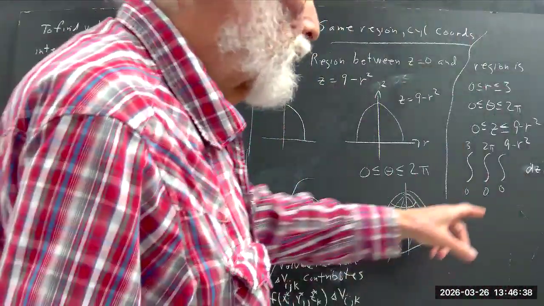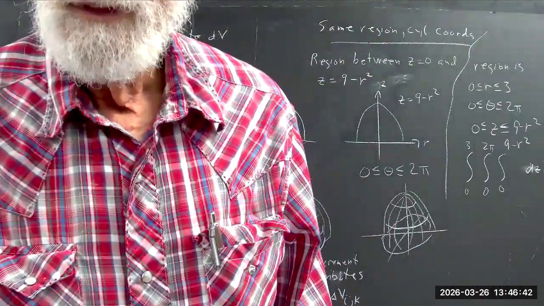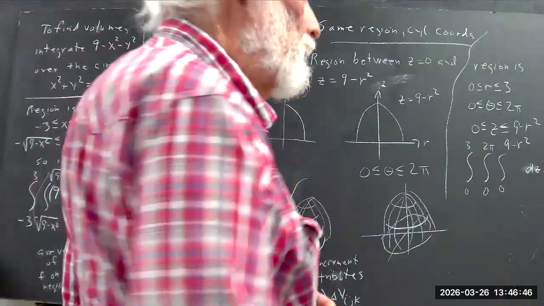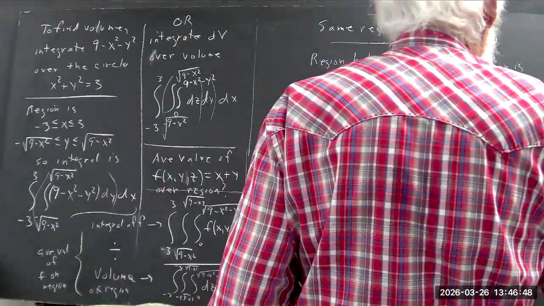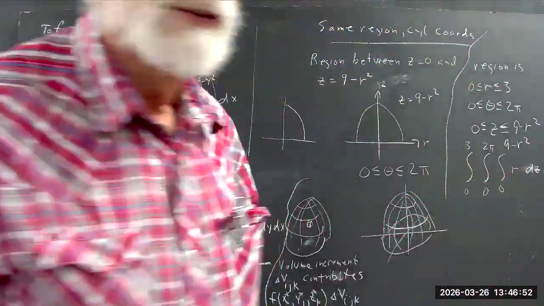Now, the only problem is this isn't a volume increment. To get the volume increment, as we talked about fairly extensively, both with polar coordinates and the other day, it's r dr dθ dz.